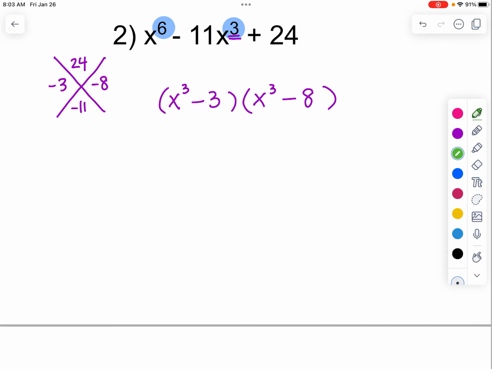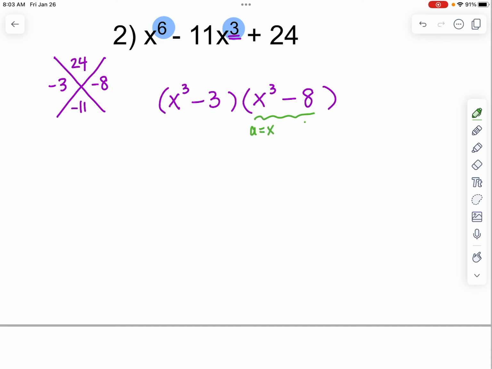All right, we're not quite done yet here because now I have some cubes. Would either of these be a difference of two cubes problem? This one would be, because 8 is a perfect cube. So we're going to factor this using the cubes method we just learned. The cube root of x cubed is x, so a is x.